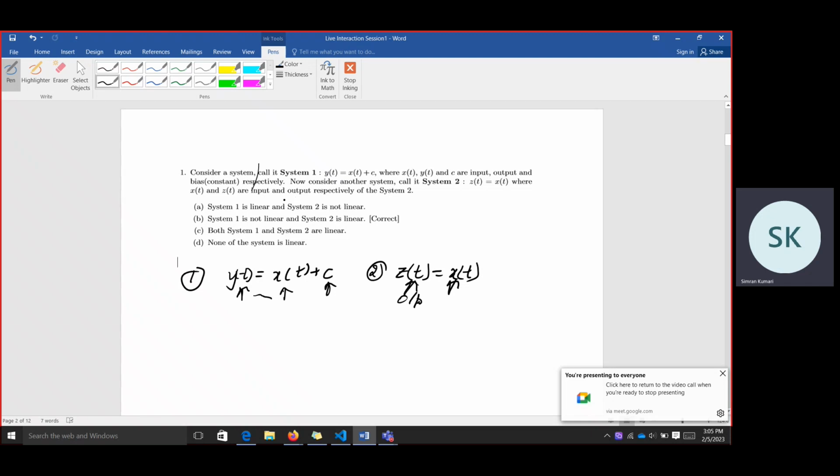So these are the two systems, and there are four options given regarding the system, where we have to identify whether the system is linear or not. A linear system satisfies the property of superposition, which is basically a combination of homogeneity and additivity.